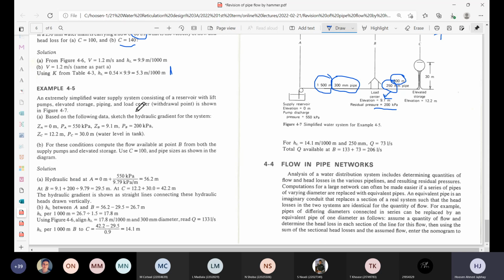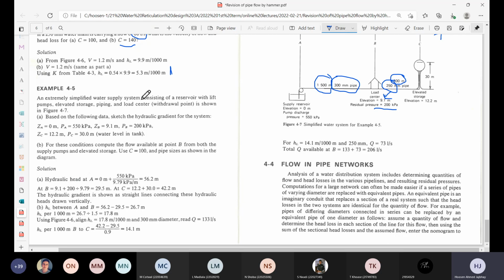And load center, that's where we're supplying the water, in simple terms. Whether it's a house, which is very unlikely for such a large pipeline, maybe an industry, a factory of some sort, or a suburb, or even another reservoir that you're designing to fill water into.